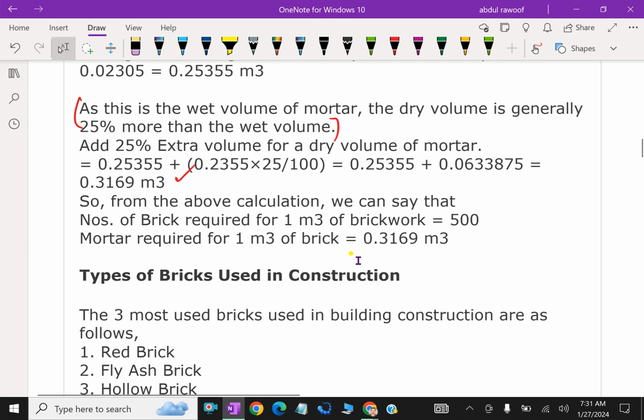So from the above calculation, we can say that the number of bricks required for 1 meter cube of brickwork is 500, and the mortar required for 1 meter cube of brickwork is 0.3169. This is important.